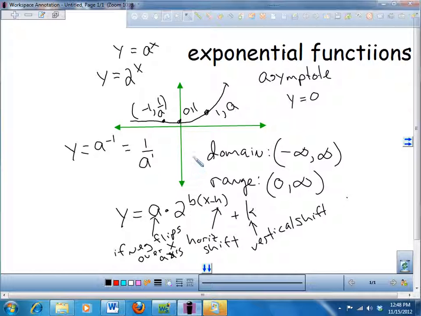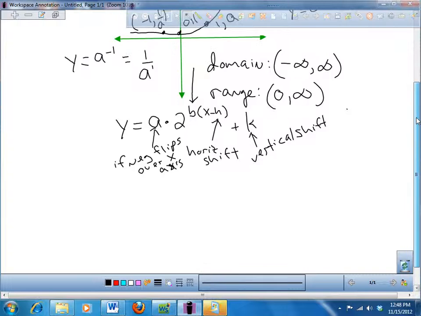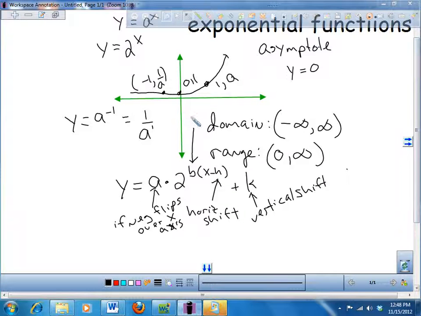And then, did you figure out what this number did? Sorry, I'm running out of room. What does this number do right here? If it's negative, what did it do? Yeah, that could flip it over y if it's negative, okay?